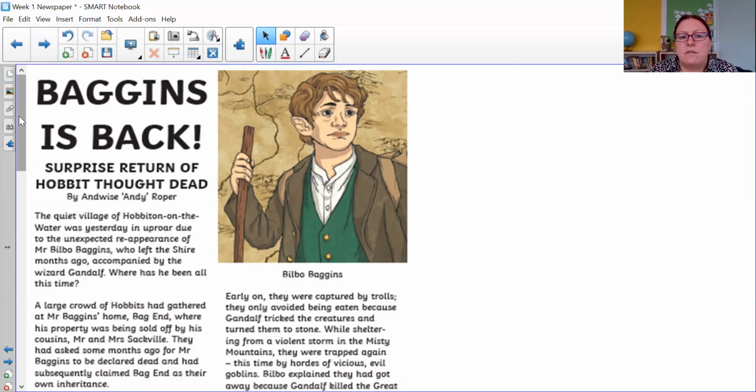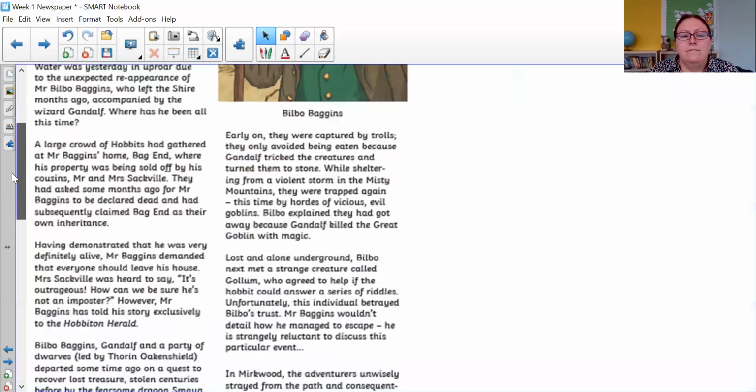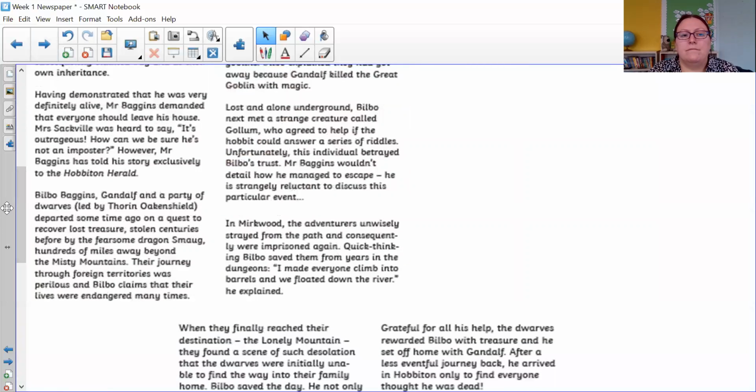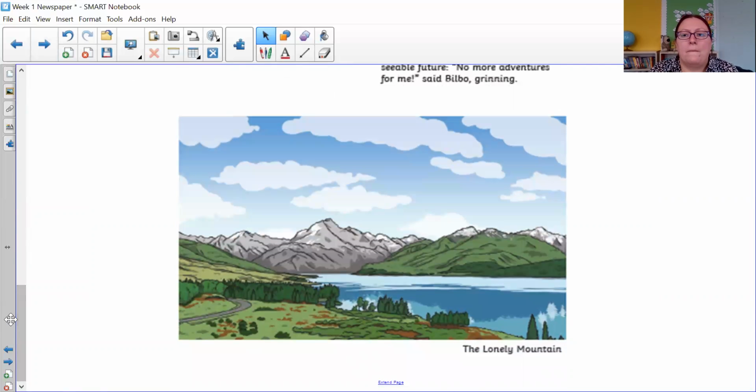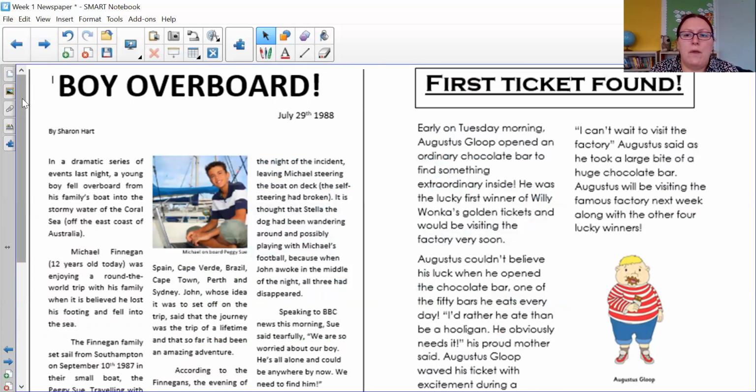Okay, so here is an example. So you might want to pause the screen there. And I'm going to slowly roll it down. Okay, so that's your first example. Here we have two examples.